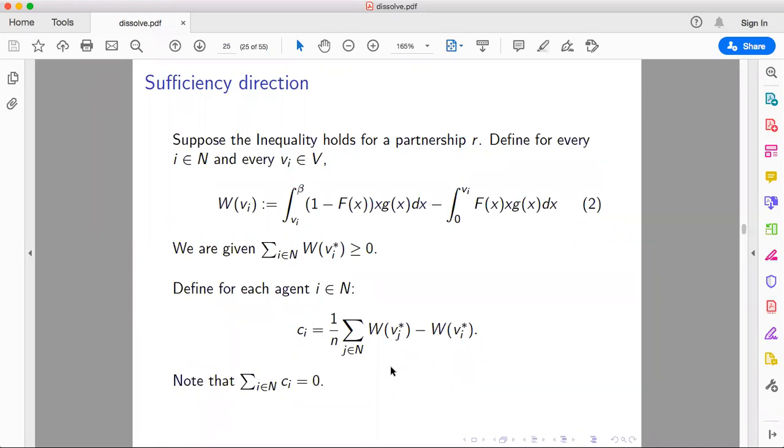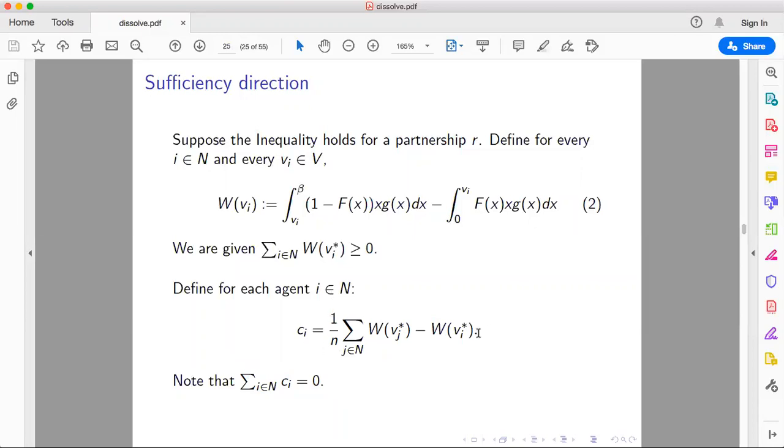As you will see, before entering the mechanism the designer gives this ci amount to each agent i, which is a subsidy to some people and a payment collected from others. The important thing is that ci is constructed so that the sum of ci is equal to 0. Some people will be subsidized and some will be asked to make payments, and by construction, the sum of ci is equal to 0.